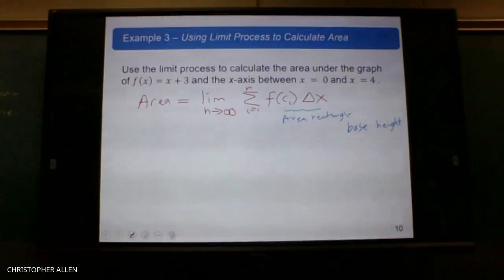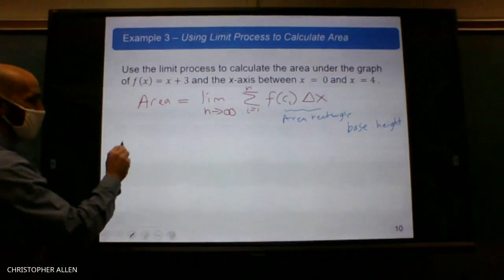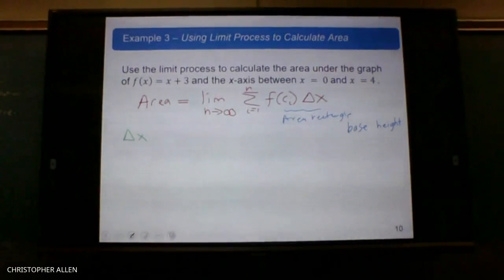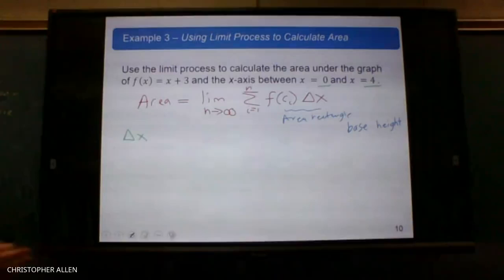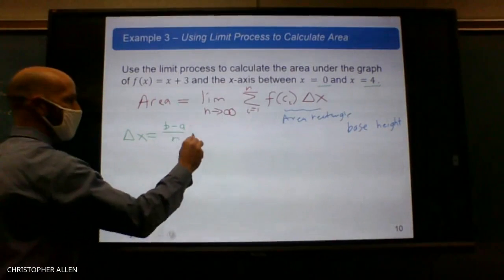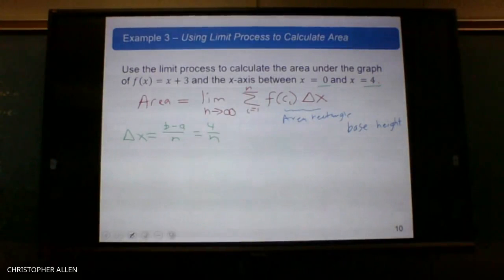So the first thing I want to do is define delta x. Delta x just means the change in x. In this case, x is going from 0 to 4. So to find delta x, I'll just give you the formula, it's b minus a over n. So in this case, it's 4 minus 0 over n, or 4 over n.